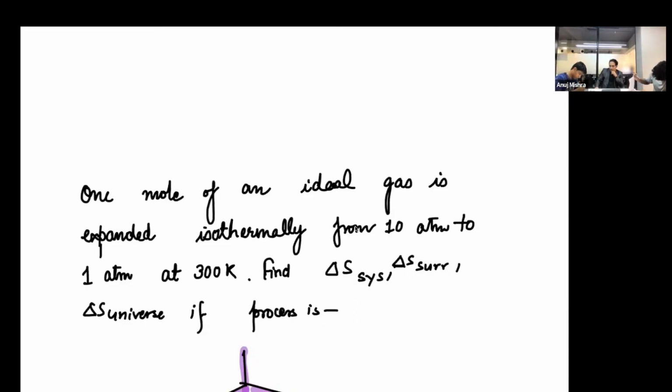Integral. This is what you wrote, this is dS. Now get delta S. Integrate both sides.